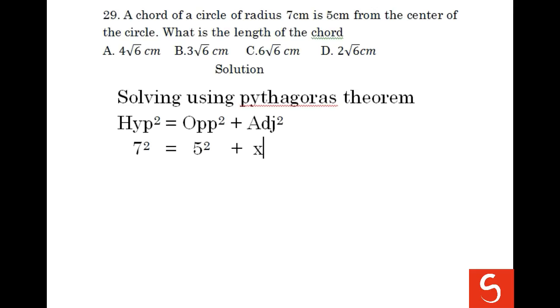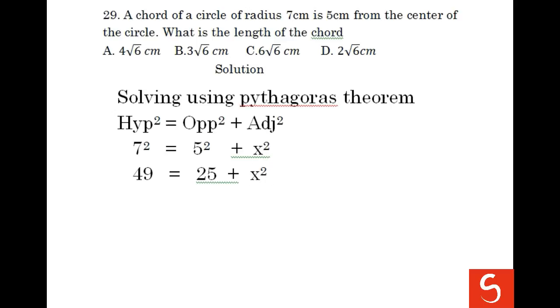So now we start working out the math. 7 squared is equal to 49, and 5 squared is equal to 25, plus x squared.